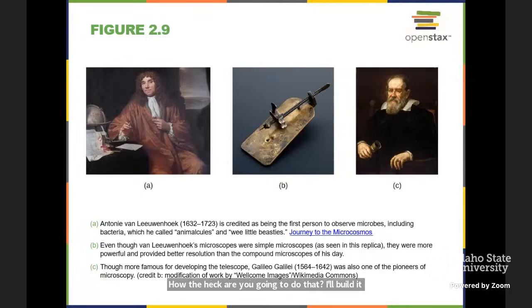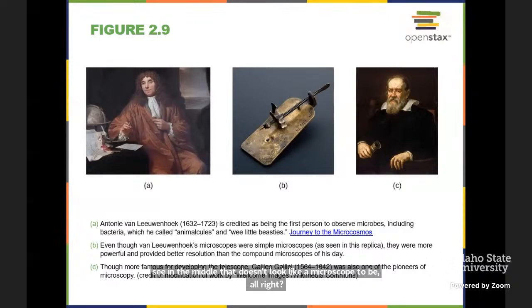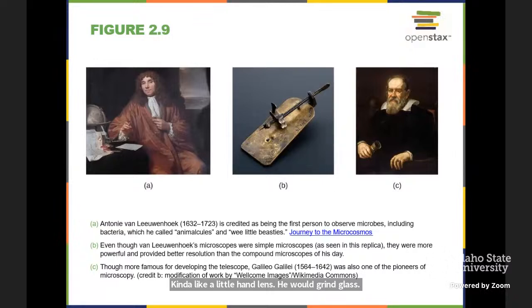He built these microscopes like you see in the middle that doesn't look like a microscope to me, all right? Kind of like a little hand lens. He would grind glass, make the lens, and be able to look through that and visualize the individual threads, look at the quality of the thread, and know if he's getting what he's actually paying for, all right?